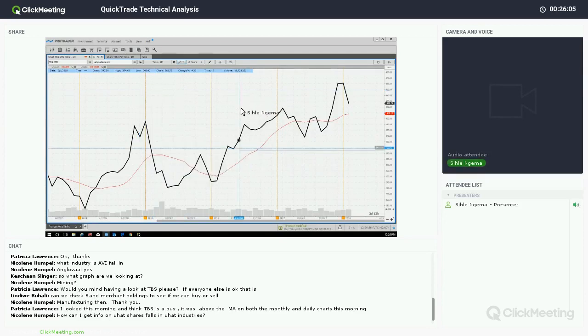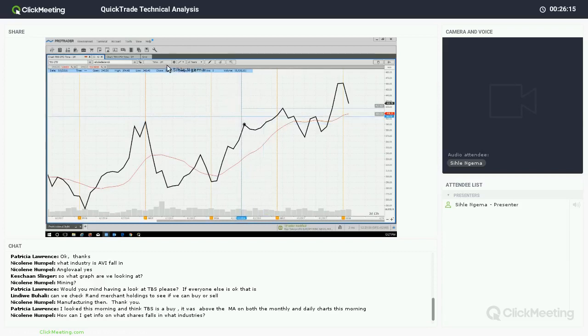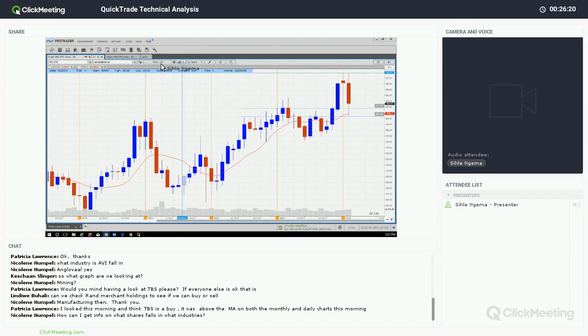Well, I'm looking at TBS, the monthly time frame. We have supports around 417.60 and also around 403 or 404. It hit our 10 simple moving average and went higher.